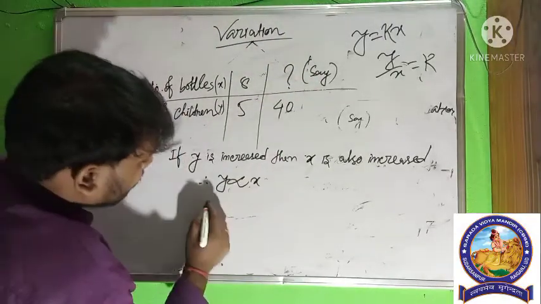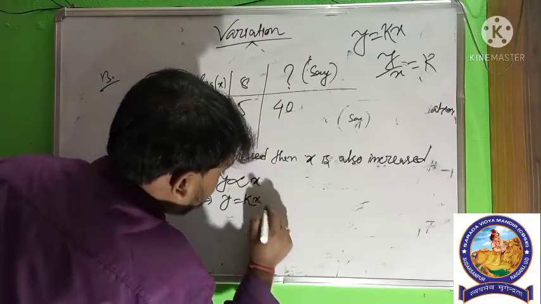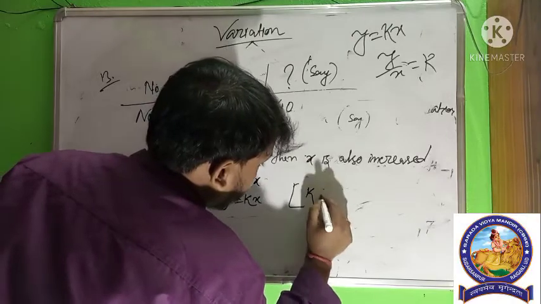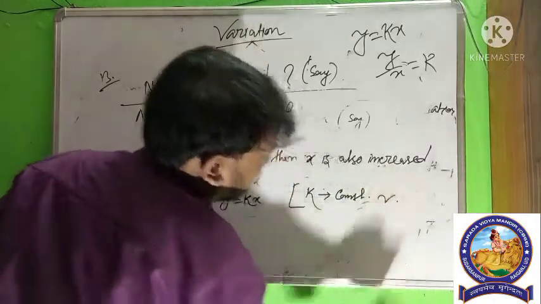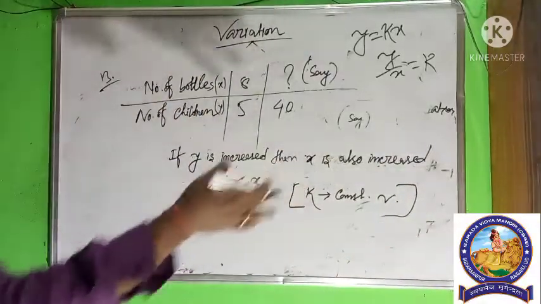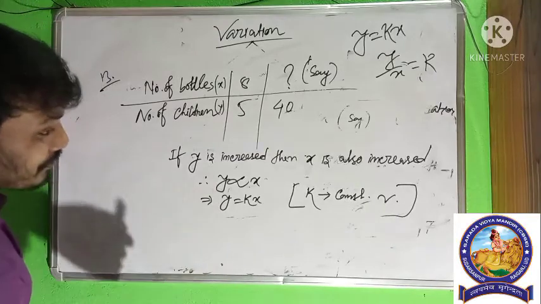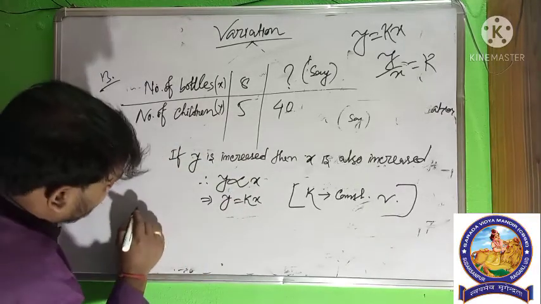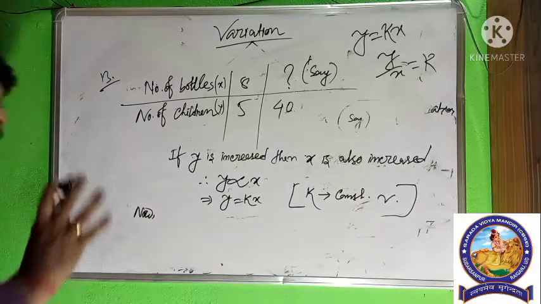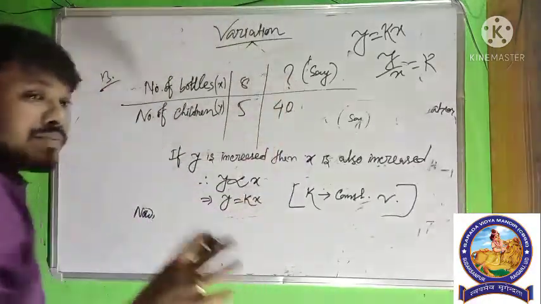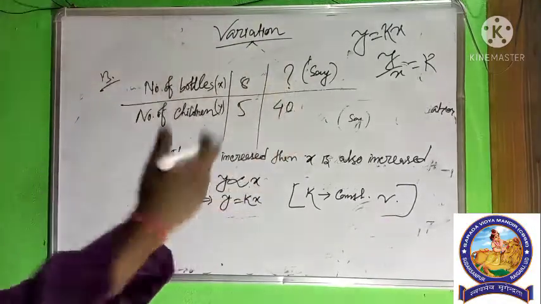Implies y equal to kx, where k is the constant of variation. You will write the full word. Now, what is the process? First we use both values to find the value of k, then we put one value and get the other value.